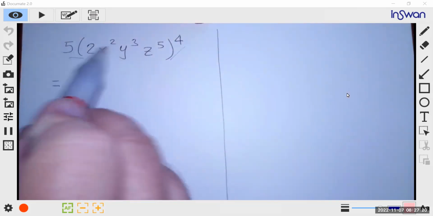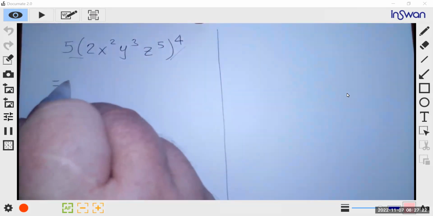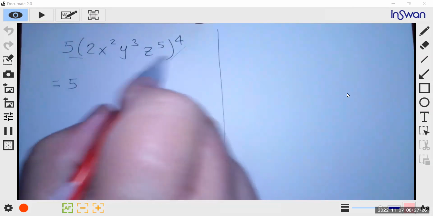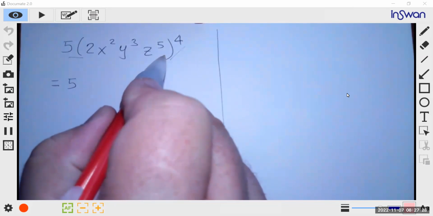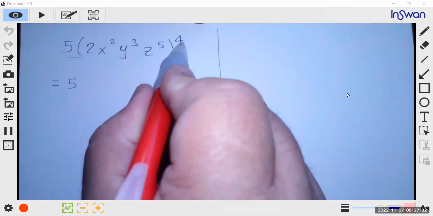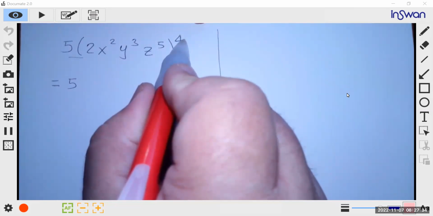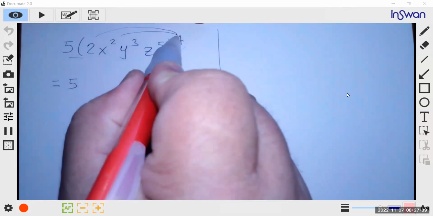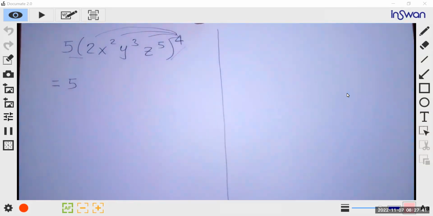So we cannot distribute. So that 5 has to stay in front. We have to get rid of the parentheses. How do we get rid of the parentheses? We have an exponent. What do we do with that exponent? It gets distributed to each term, each member of that polynomial inside there.